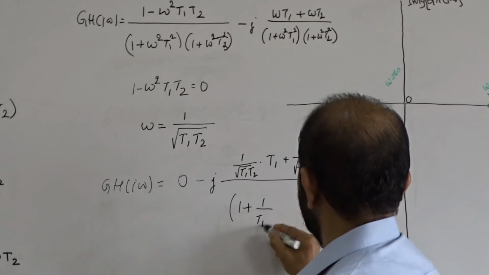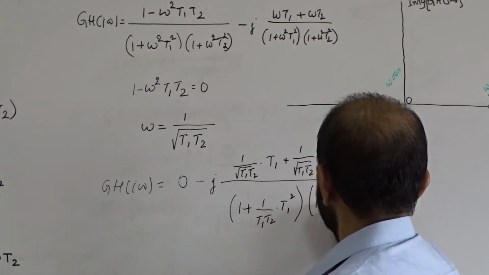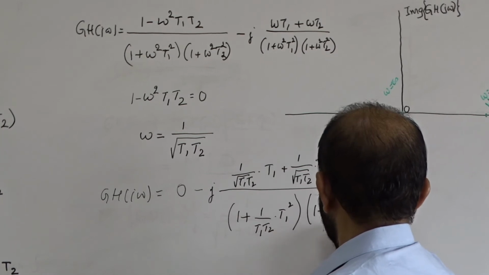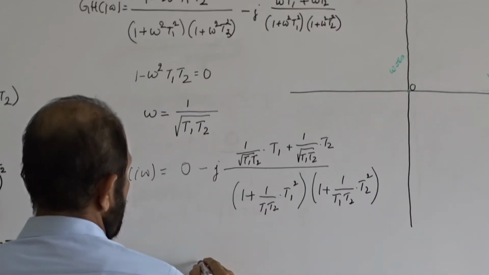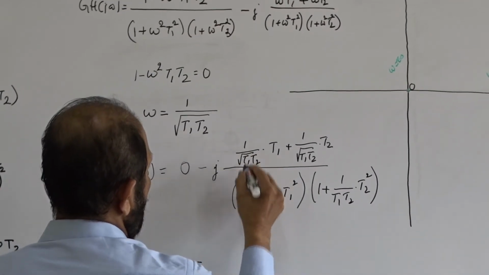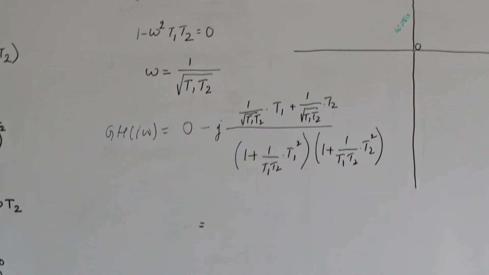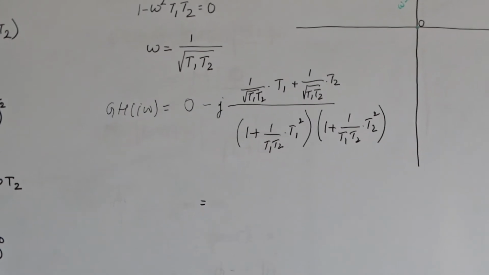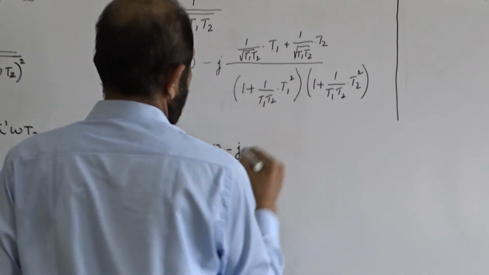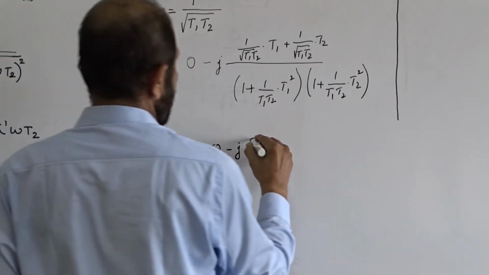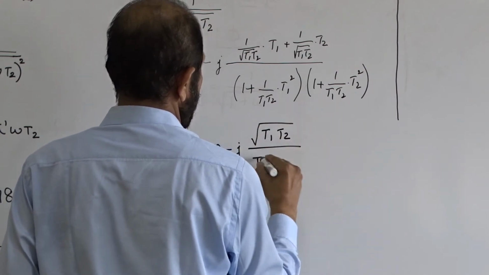If you simplify this, you get 0 minus j, square root of t1 t2 divided by t1 plus t2.